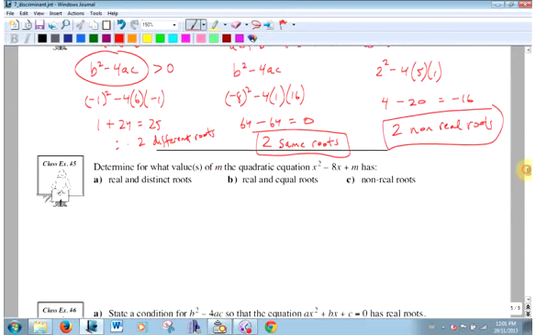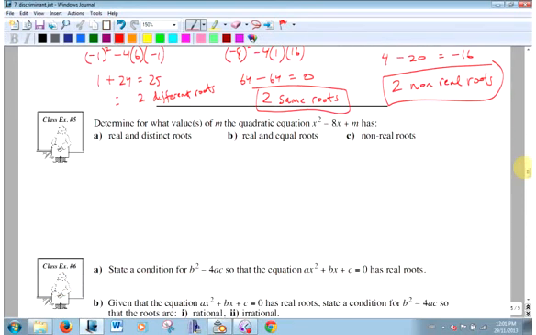All right, now let's just step it up a level in ability. This is asking you the same thing, it's just a little tougher. It's a higher level of understanding of what's going on here. For what value of m does this quadratic have real and distinct roots?